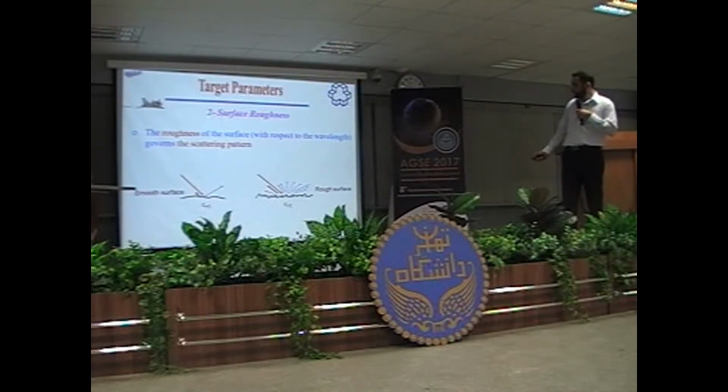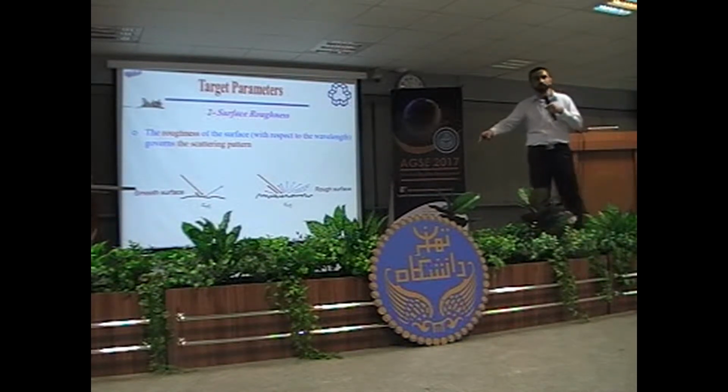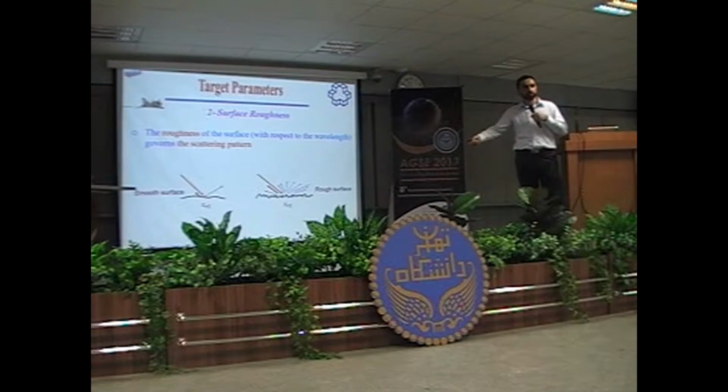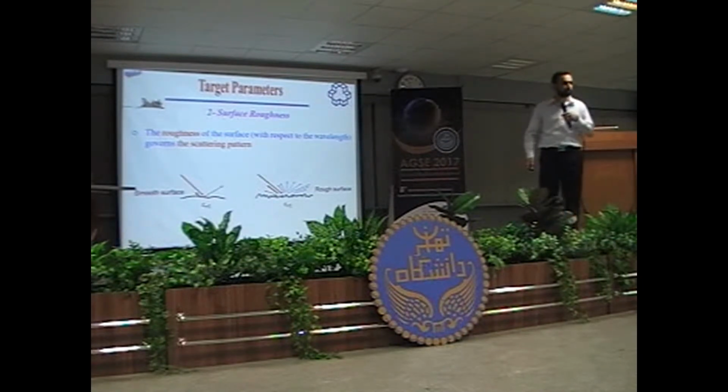When the surface is smooth, a very small portion of the energy is coming back to the antenna. Whereas when the surface is rough, we will have a larger portion of the incident energy toward the antenna, and that's why a rough surface usually appears brighter than smooth surfaces in the radar image.